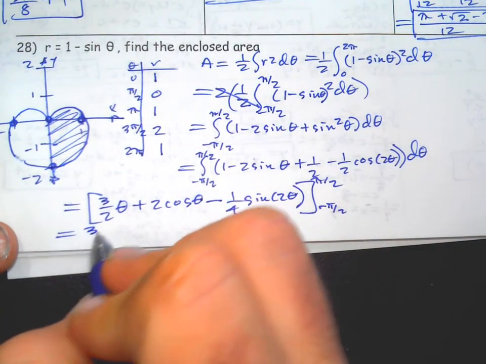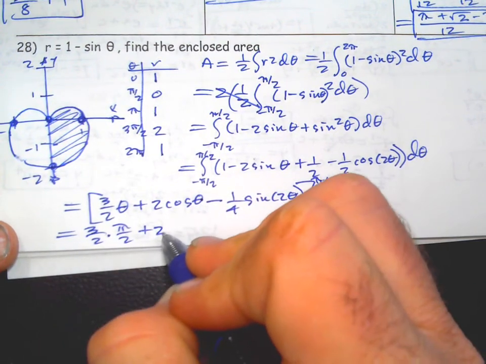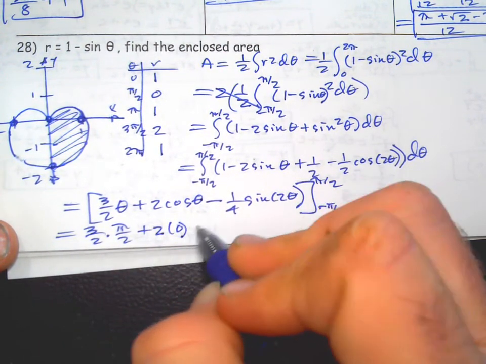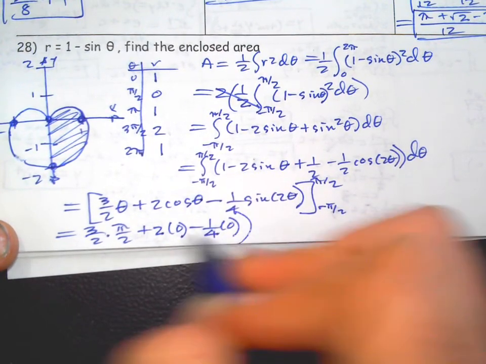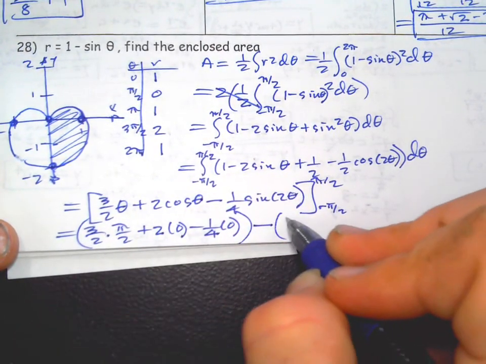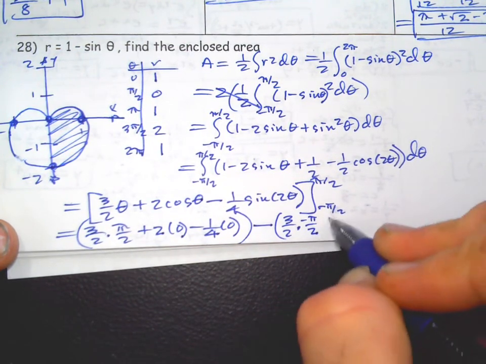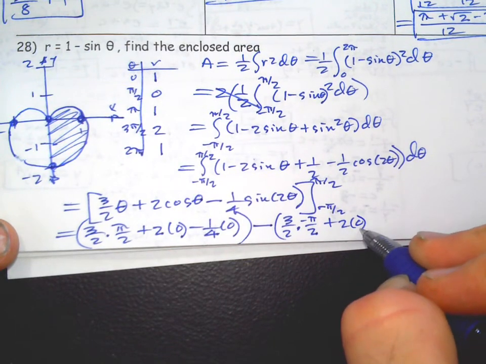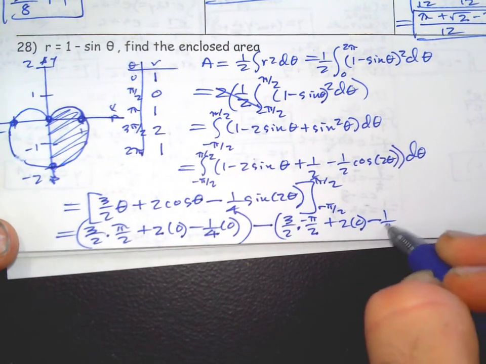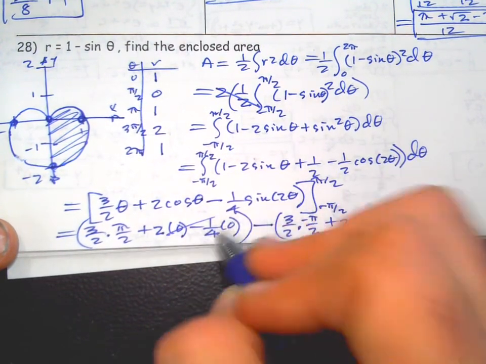So 3/2 times pi over 2, plus 2 times cosine pi over 2, which is 0, minus 1/4 sine of pi, which is 0. Cosine of negative pi over 2 is 0. Sine of negative pi is 0. So a lot of these terms drop out nicely, so that's good.